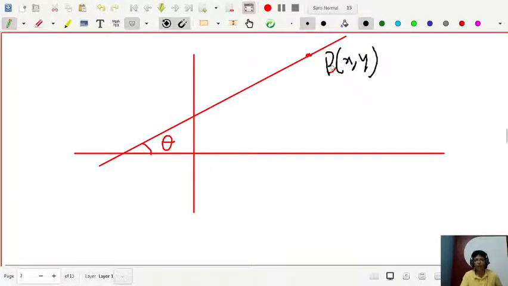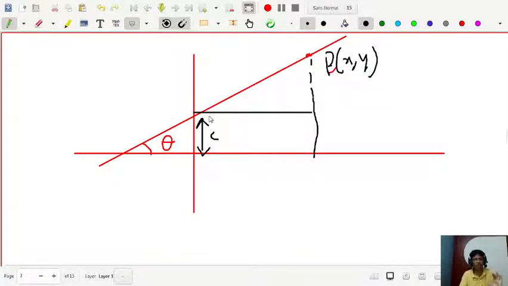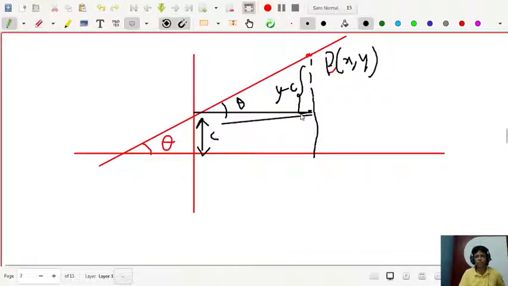You draw a perpendicular here, and this is your c, because your y intercept c is the portion the line cuts from the y axis. So this angle is theta also, and this portion is y minus c, right? And this length is x.